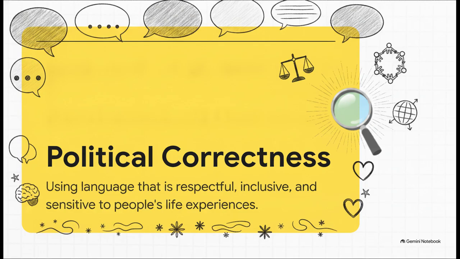Now, I know sometimes this term gets bogged down in casual debate, but here it has a really powerful specific definition. It means actively choosing language and images that are respectful, inclusive, fair, and sensitive to people's age, gender, culture, occupation, disability, social status, and life experiences. At its core, it just means recognizing the fundamental dignity in absolutely everyone you communicate with or communicate about.